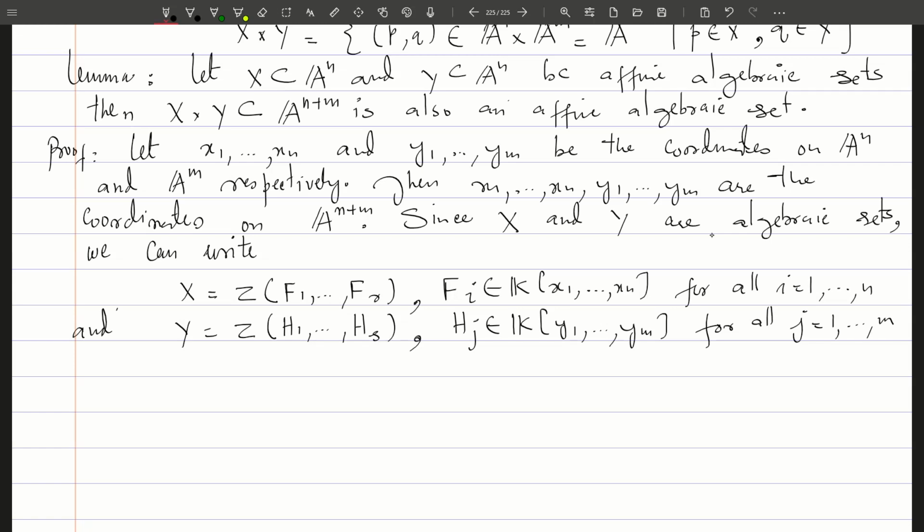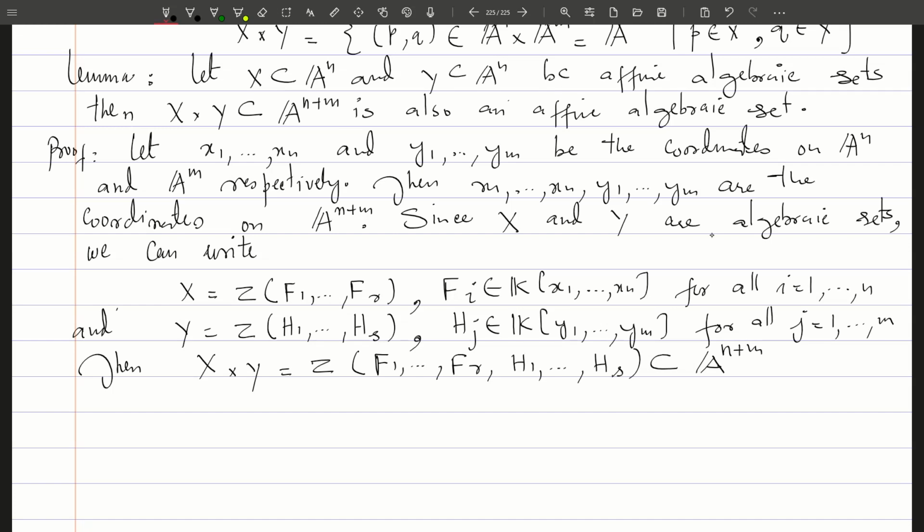If this is the case, then if we look at X times Y, this set is the zero set of the polynomials f1 up to fr and h1 up to hs. Now this zero set is actually a subset in the affine n plus m space.